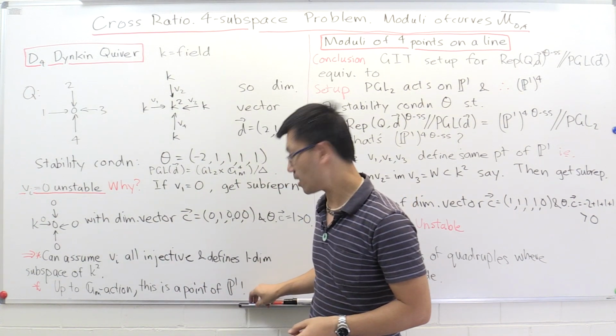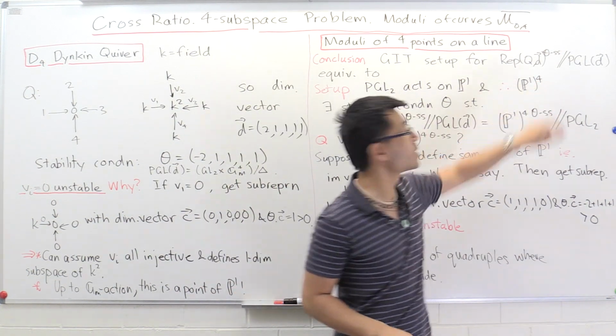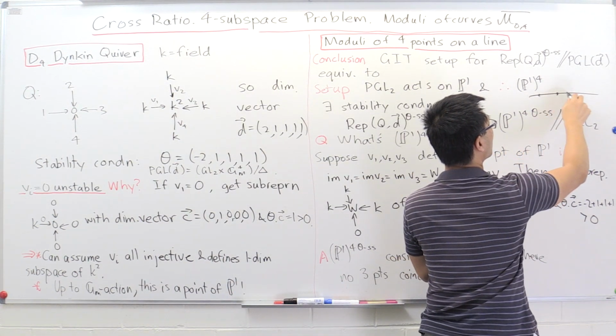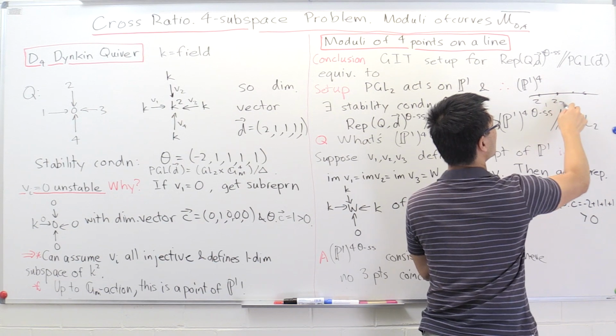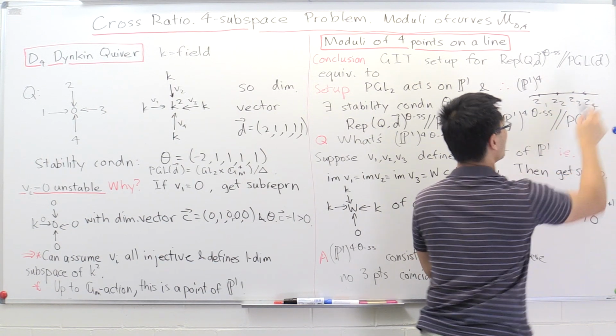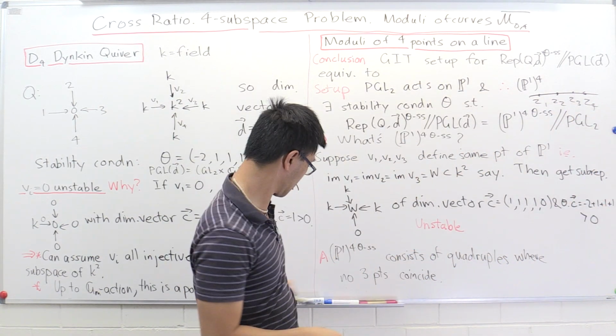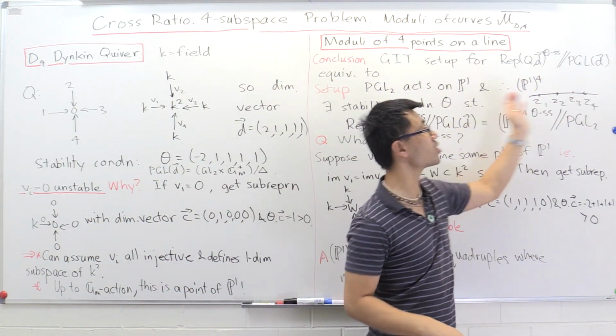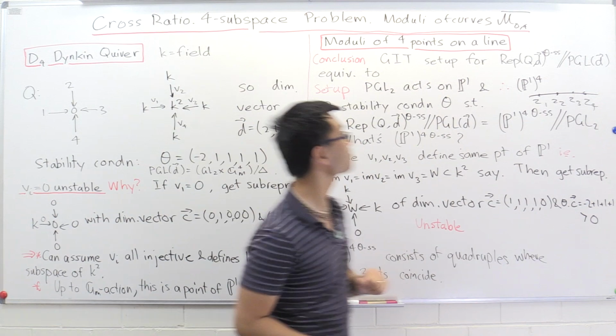Maybe one way to think of it is as follows. So what are the points here? Here's your P^1, and you just pick 4 ordered points: Z1, Z2, Z3, Z4. And you want to look at this up to the PGL2 action, so you can change coordinates on this P^1.